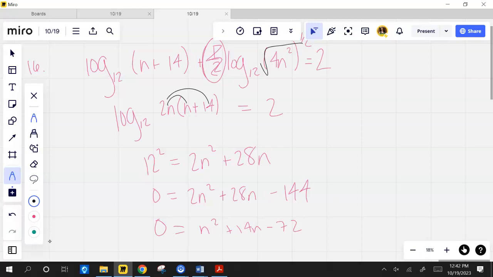I just wrote them in the other order. Oh, because 12 to the second power equals this. It is. It's an E for exponential. What does that mean? I don't know. Something. I don't know.